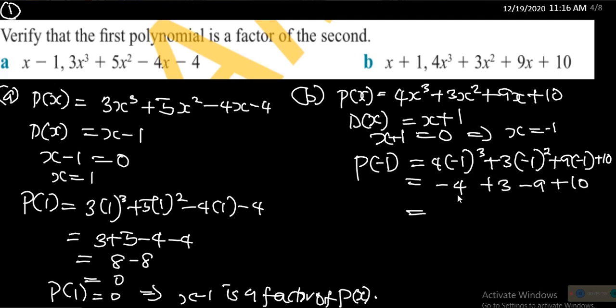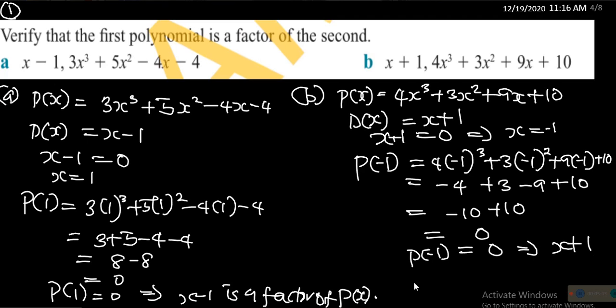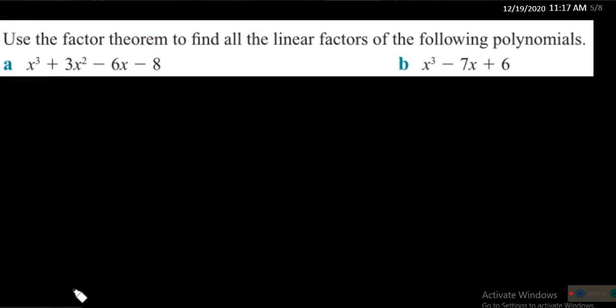This is minus 4 plus 3, which is minus 1, so this is minus 10 and plus 10, and this is 0. So p of minus 1 equals 0, and it then implies that x plus 1 is a factor of p of x. So this is how to show that a given polynomial is a factor of another polynomial by using the factor theorem.